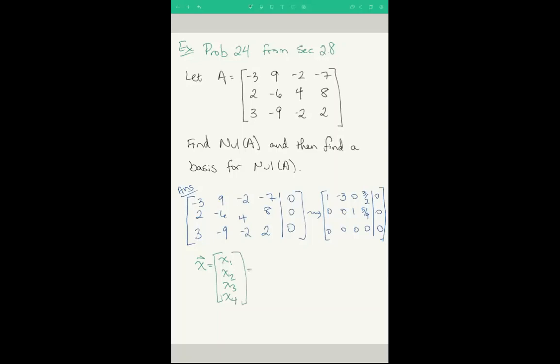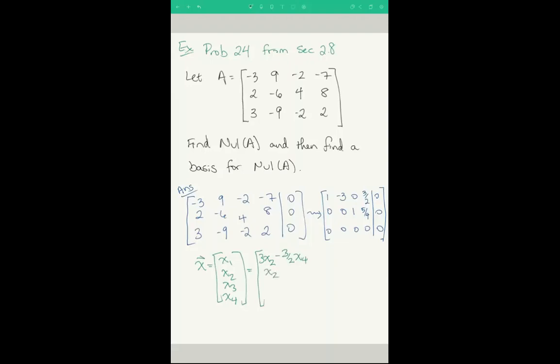Well, if we look, we can see that x1 minus 3x2 plus 3 halves x4 equals 0. That's coming from our first row of our matrix. So I can solve for x1 and say that x1 equals 3 copies of x2 minus 3 halves copies of x4.